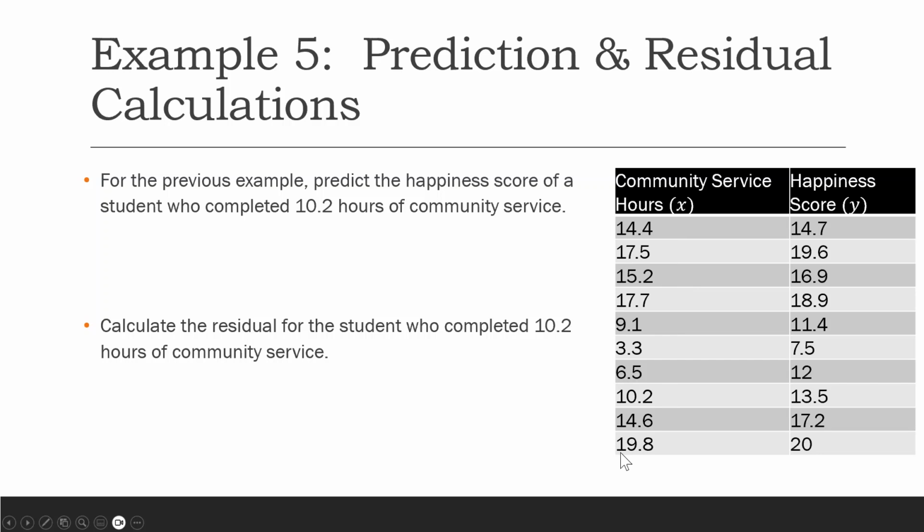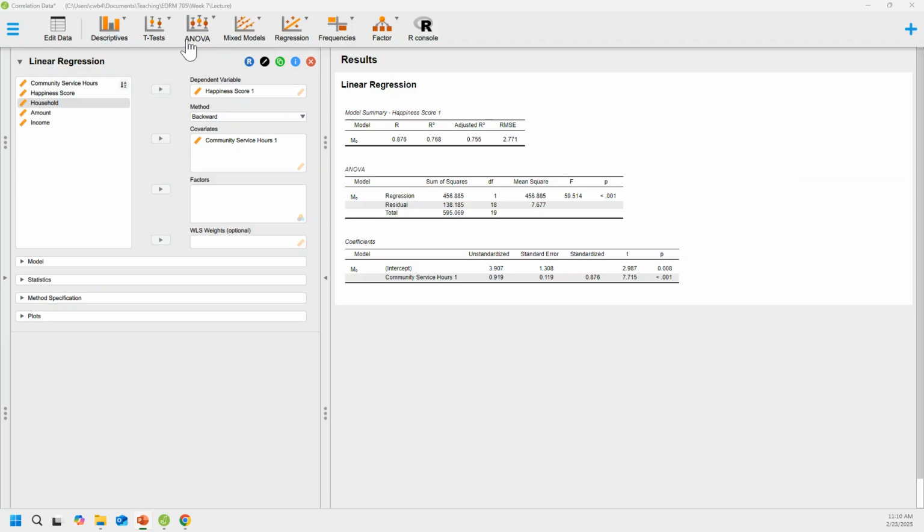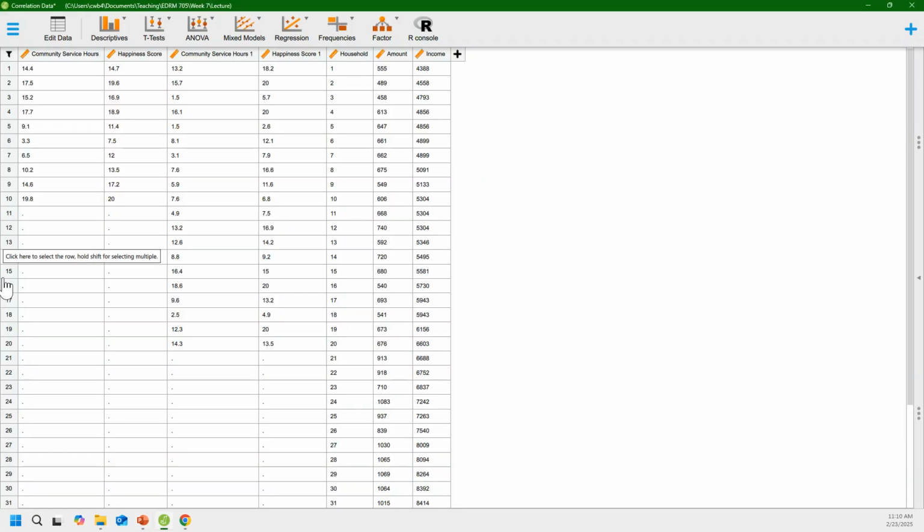So, for instance, I know that this is not from my original data set. I'm going to go back to my original data set. My original data set is here. I'm going to change what I have in the PowerPoint slide very quickly.